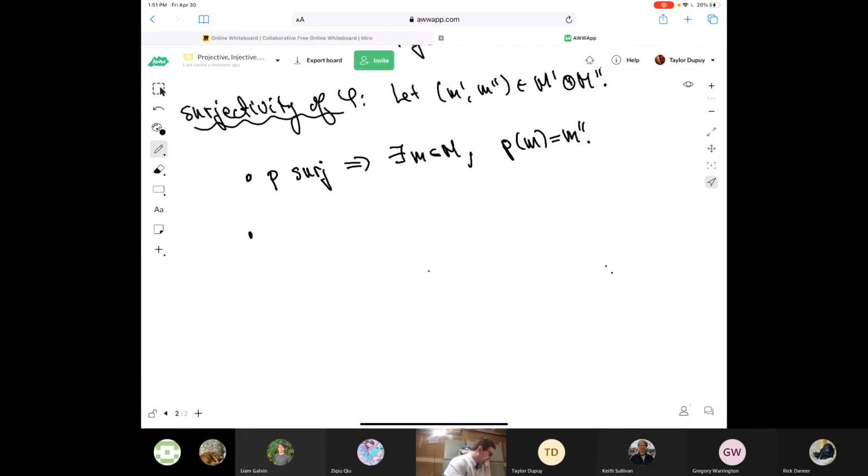Okay, tau is a splitting. Since tau is a splitting, this implies that tau of J of M prime is equal to M prime. So what we're going to do is cook up an element using these two properties.